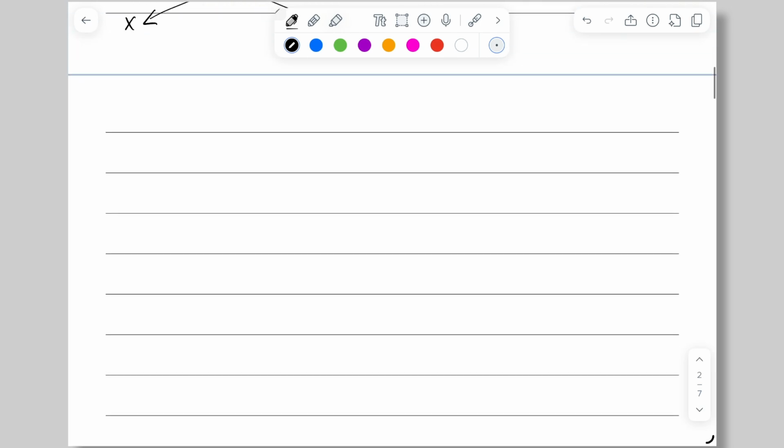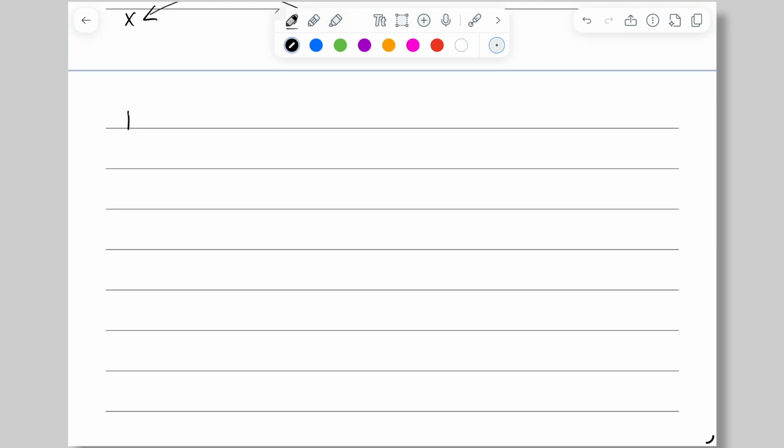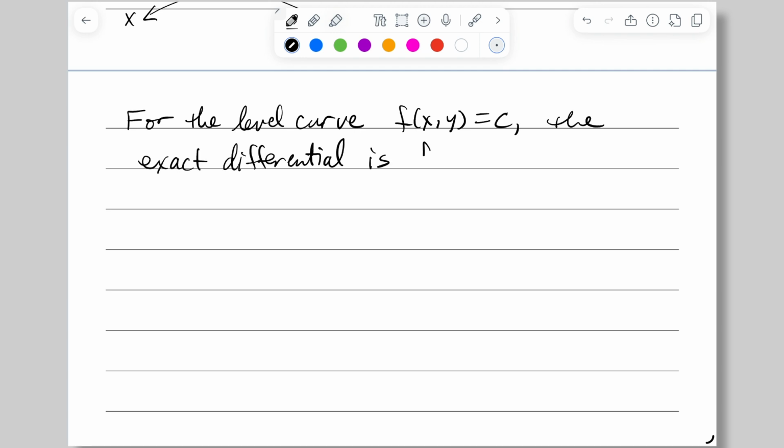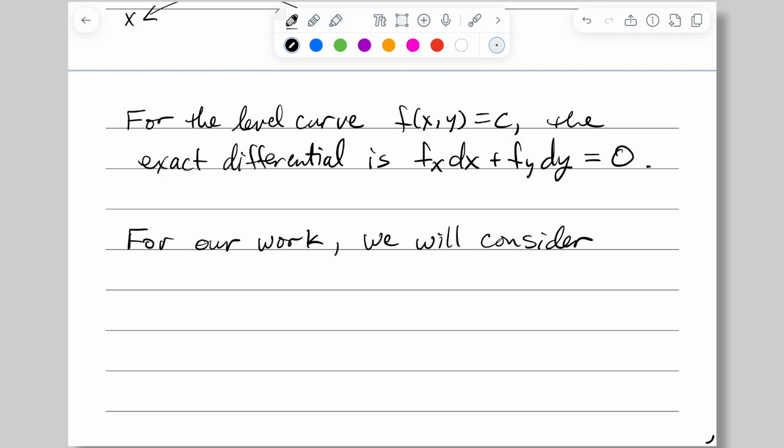And now I'm almost ready to introduce them. For the level curve, f of x, y equals c, the exact differential is the full differential on the left-hand side, f_x dx plus f_y dy, and the derivative of c on the right-hand side, since c is a constant, that derivative is 0. Now for our work, we have a slight relabeling.